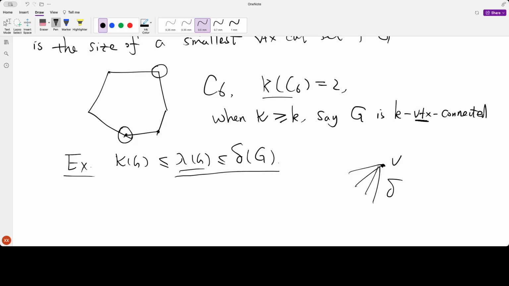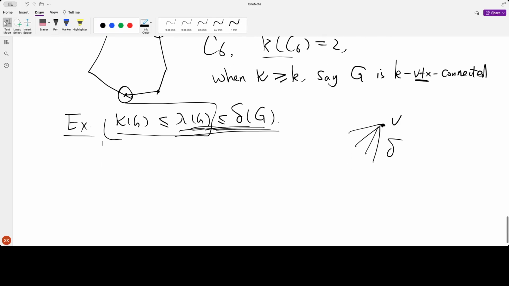So it's possible somewhere you only need to delete 3 edges to make it disconnected. You don't know if you can actually find such an edge cut, but at least you know that it is smaller or equal than delta of G. Some argument similar to this can give you the first inequality. You can try to solve this in your list.